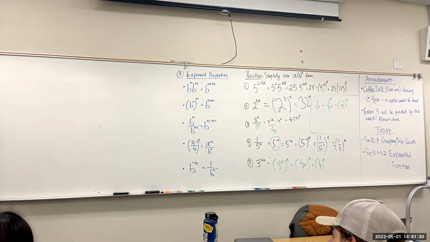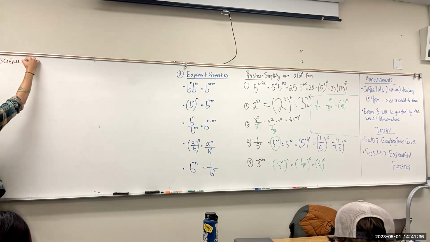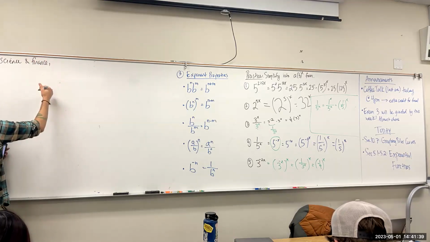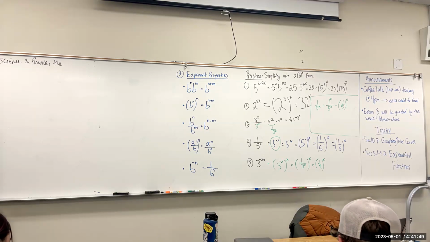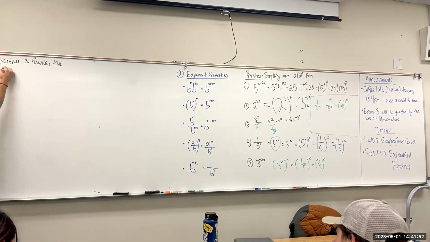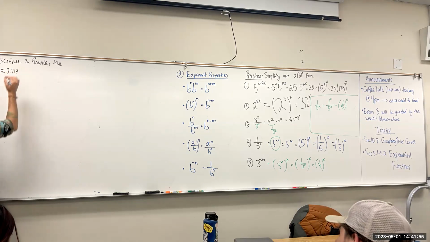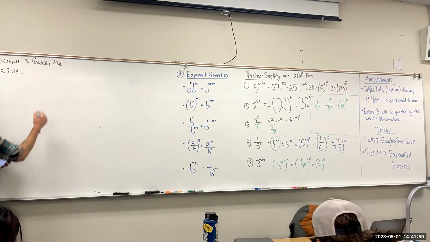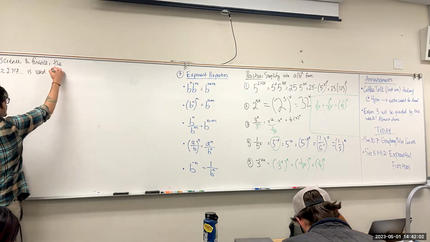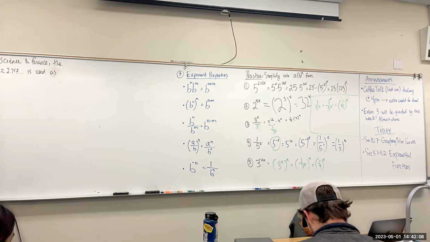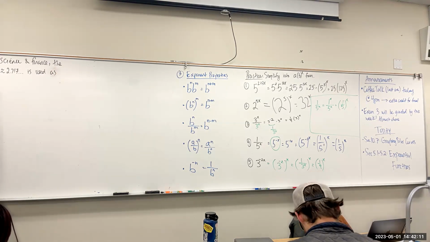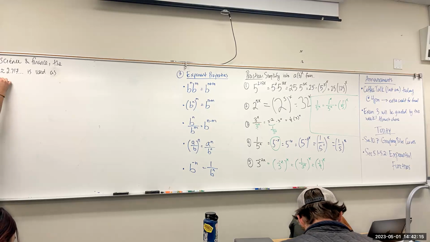So in a lot of natural science and finance, the irrational number e, that I think is approximately 2.717 something, and so on, is used as the base of an exponential function.